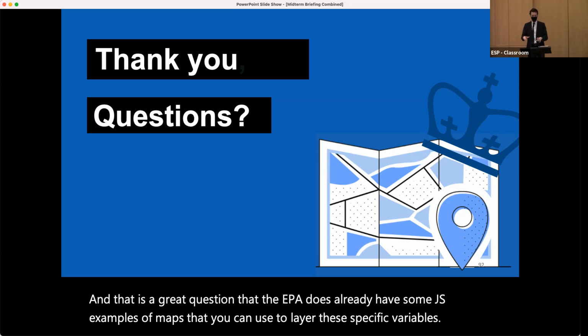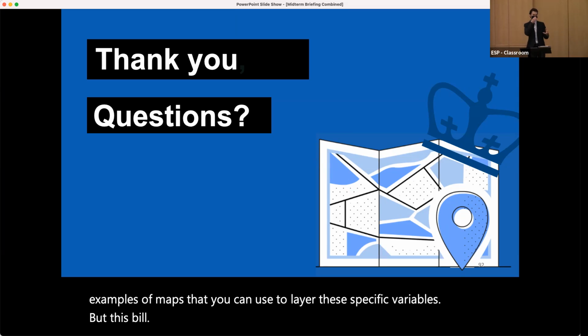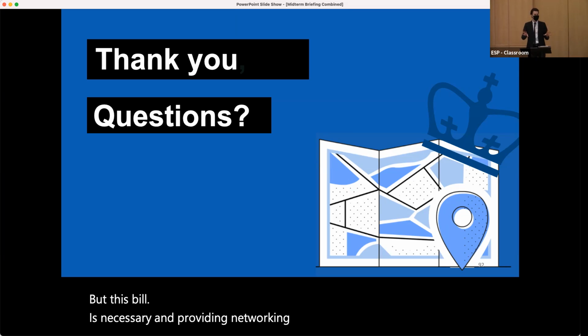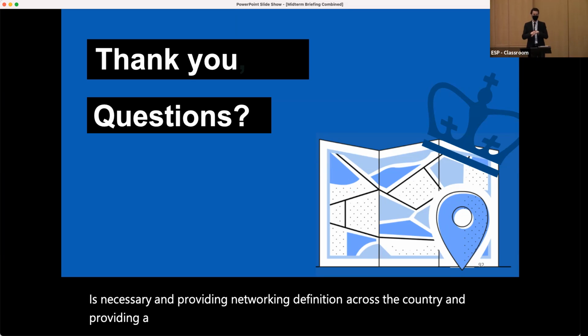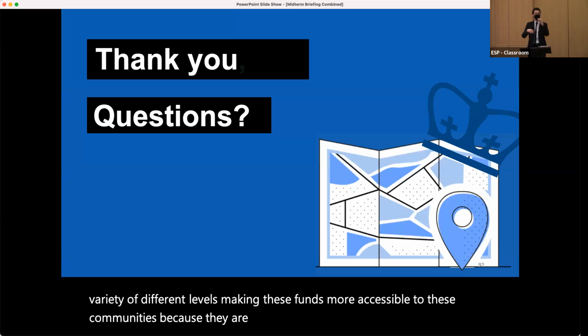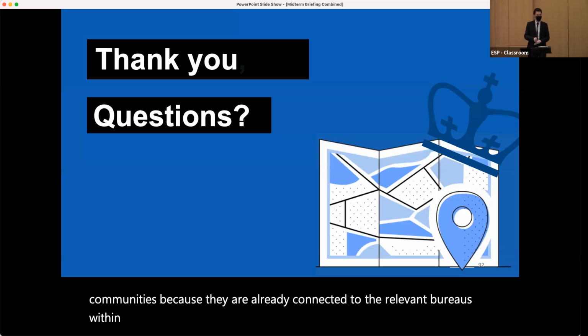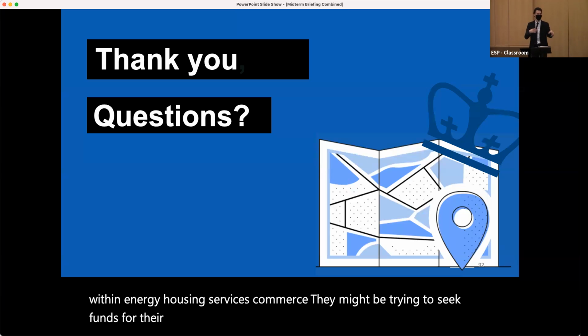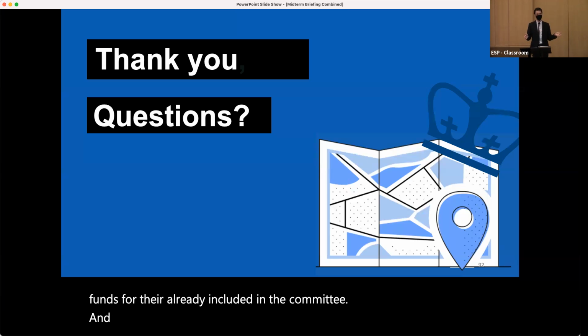But this bill is necessary in providing that working definition across the country and providing a multi-bureau committee, which then contributes to this map on a variety of different levels, making these funds more accessible to these communities because they're already connected to the relevant bureaus, whether that's energy, health and human services, or commerce, that they might be trying to seek funds from. They're already included in the committee and therefore will be easier to address and access.